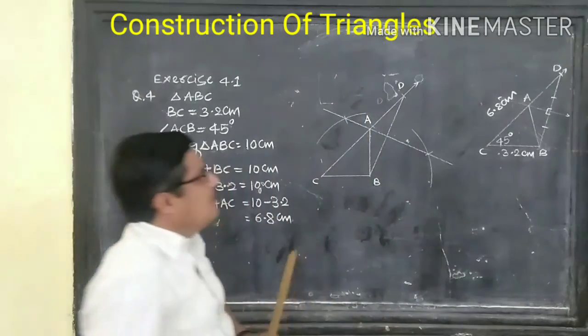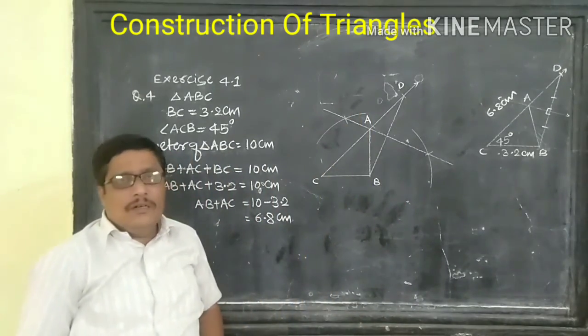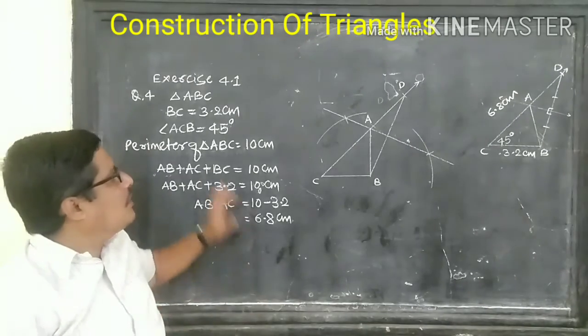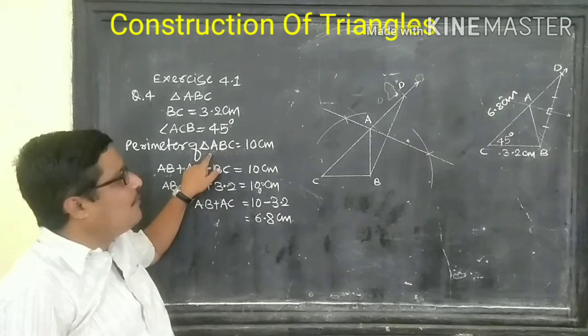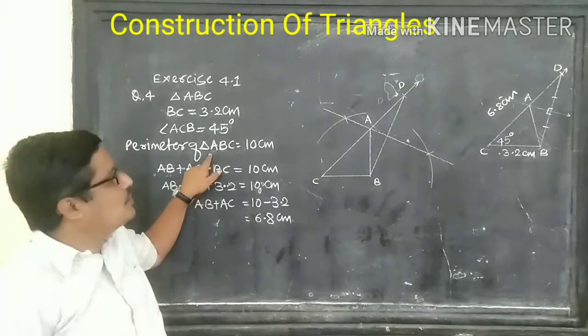In this way, we can construct the triangle by using base, angle and sum of length of remaining two sides.